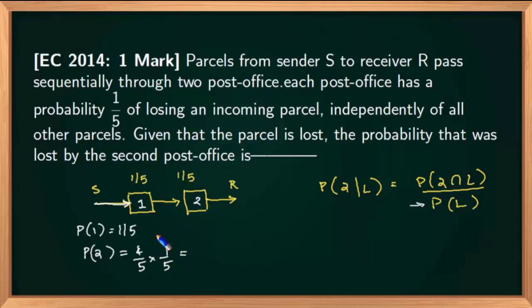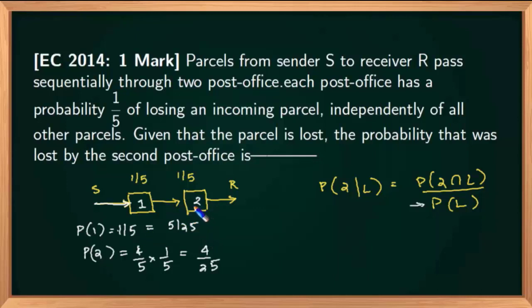So the chance of losing a parcel from post office 2 is 4/25, whereas from post office 1 it is 5/25, because 1/5 times 5/5 gives 5/25.